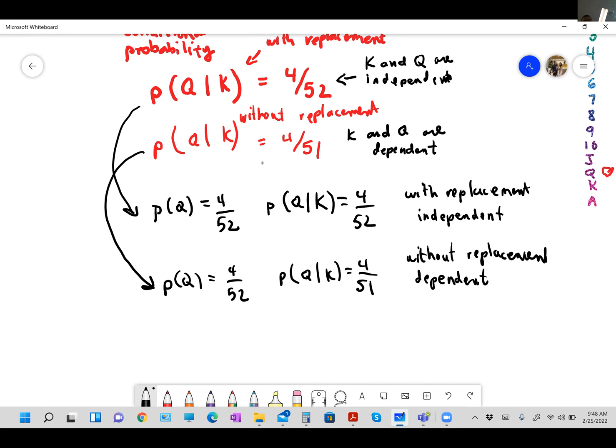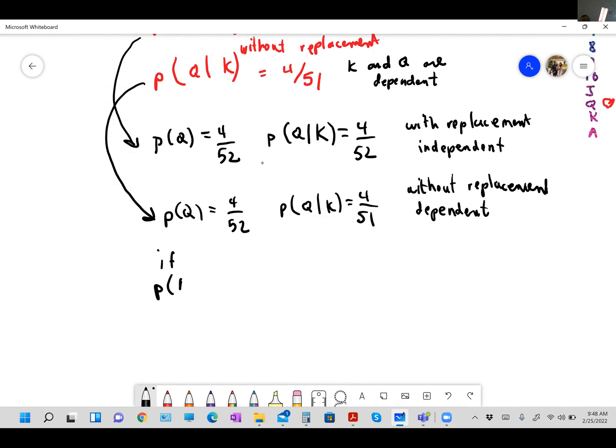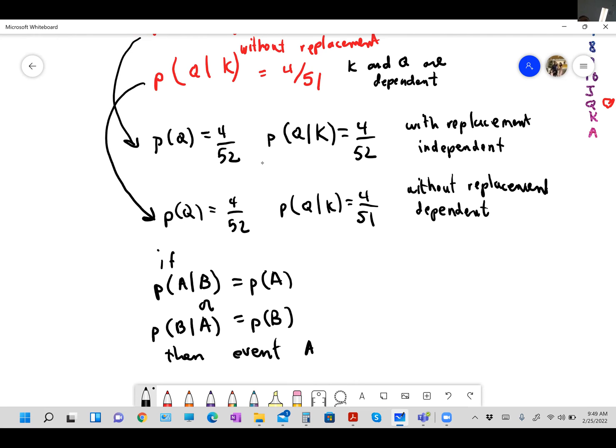All right. So we say this. If the probability of an event A given B equals the probability of A, or the probability of B given A equals the probability of B, then events A and B are independent.